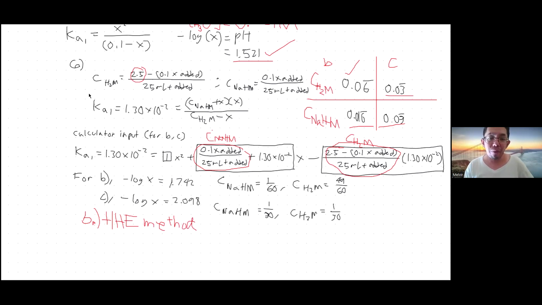Sige nga, kasi meron ka naman ng concentration ng acid, concentration ng base. You have your Ka1. Can you get the pH there? Sige, please try letter B and C using the Henderson-Hasselbalch equation.